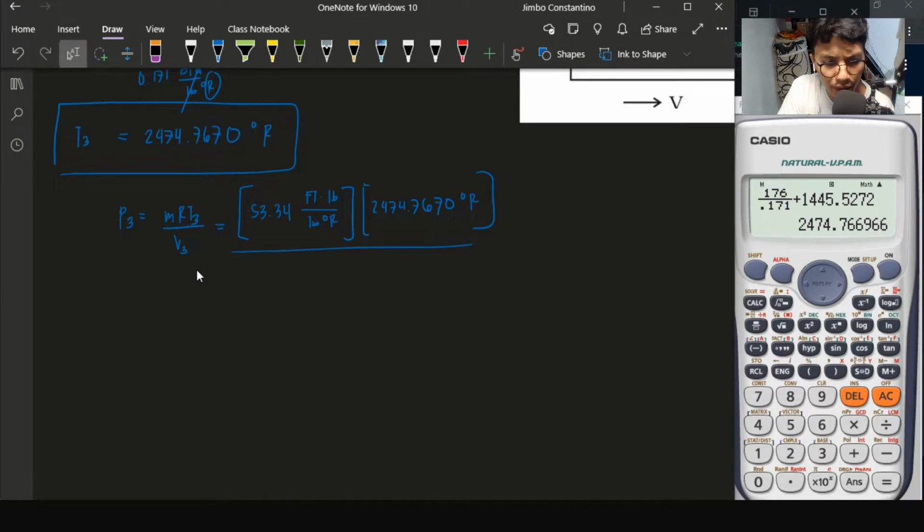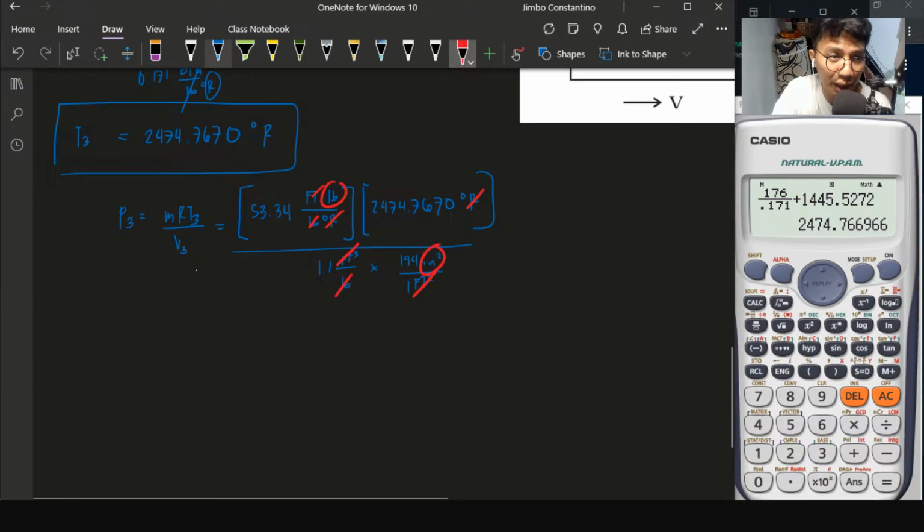Divide by V3, 1.1 cubic foot per pound. Multiplied by 144 inch squared per 1 foot squared. Cancel all the same units that we have. The feet, and the pound, degree Rankine, what remains is pound per inch squared, PSI still.